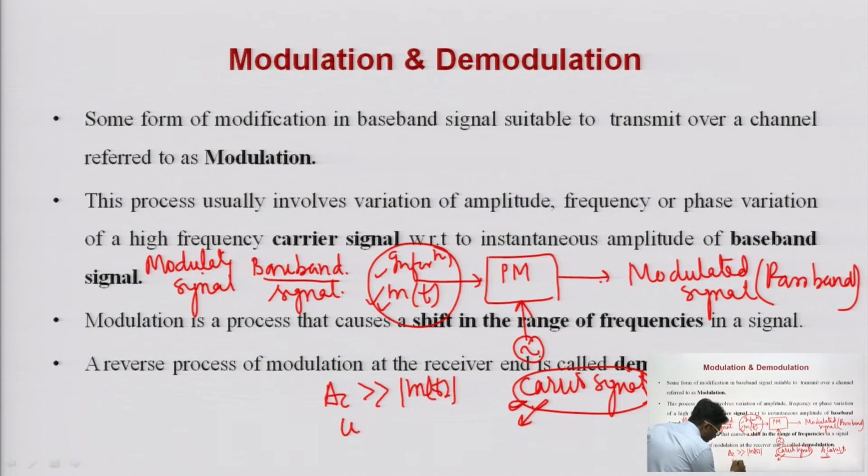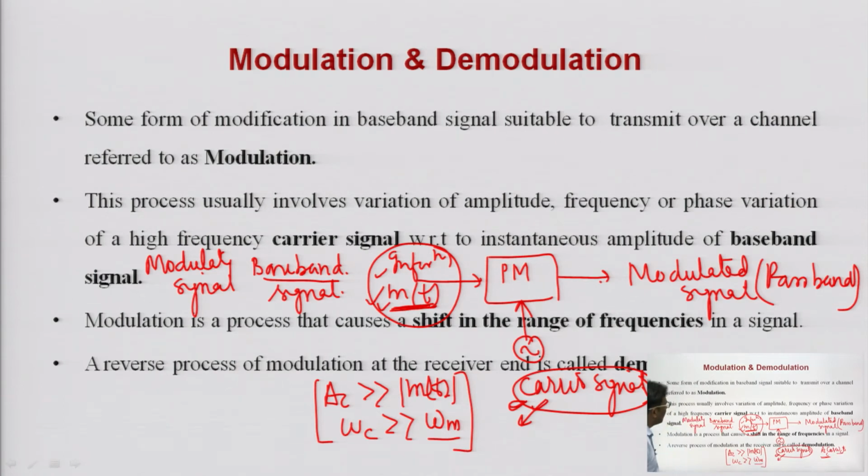Also, the carrier frequency must be very much greater than the maximum frequency component omega_m contained in the information m(t). So, omega_m is the maximum frequency component in the information which you want to transmit. For example, my speech has a maximum frequency component of 3.5 kilohertz, so omega_m is 3.5 kilohertz. These are the two conditions which must be followed when you go for modulation.